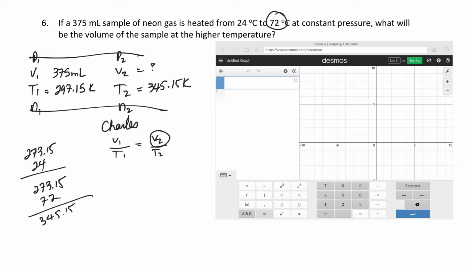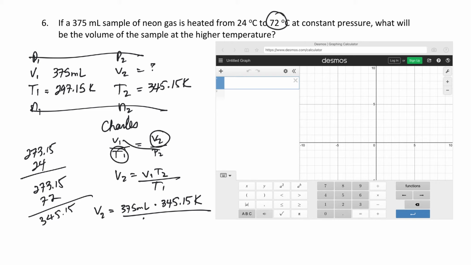I'm searching for V2, so the formula will be this cross, V1 T2, divided by the other thing that's across from what I'm looking for, T1. So V2 is equal to volume 1, 375, times temperature 2, 345.15 Kelvin, divided by T1, 297.15 Kelvin.